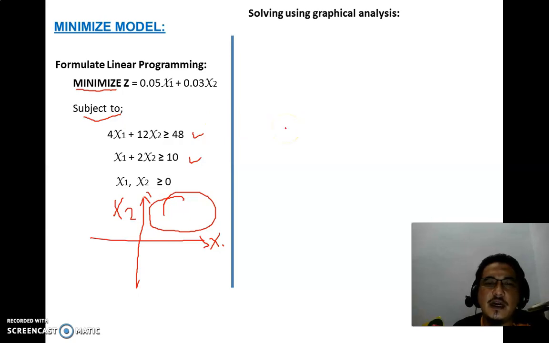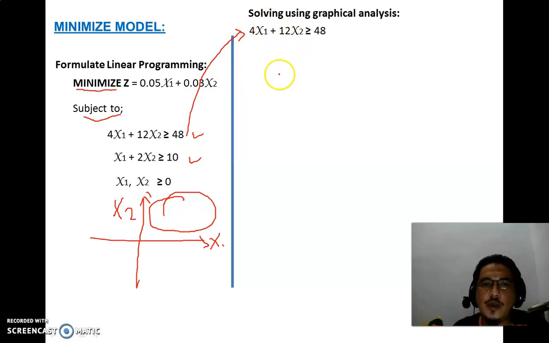Okay, so how to solve? The same thing as maximization. We go for the first one, 4s1 plus 12s2, which comes from here. Number one, we assume s2 is 0.